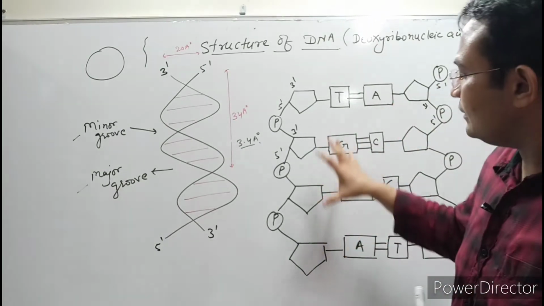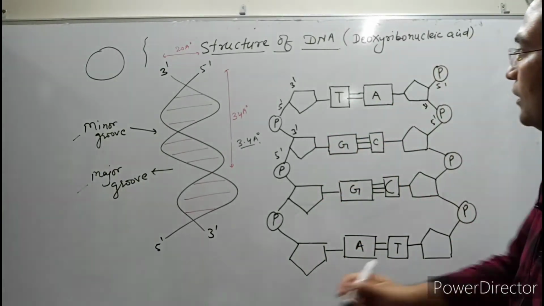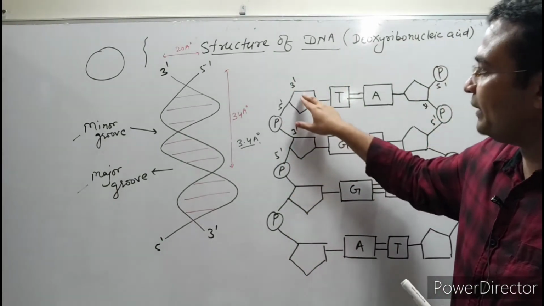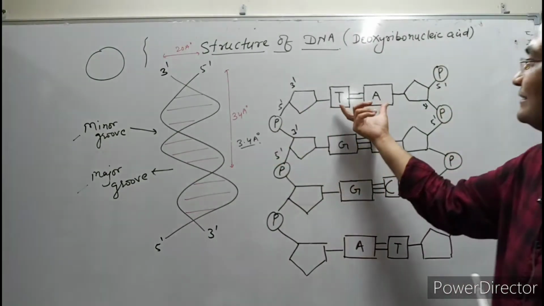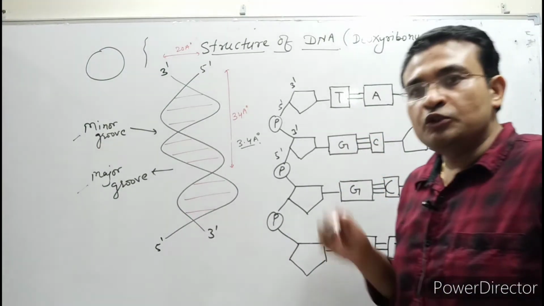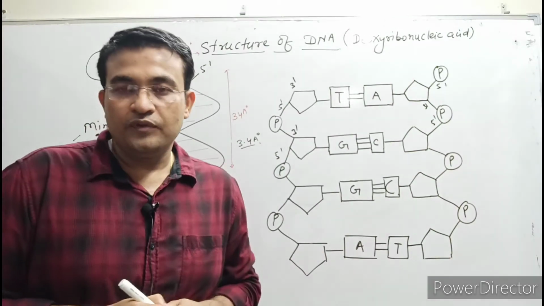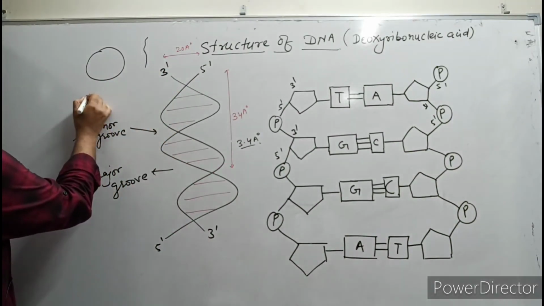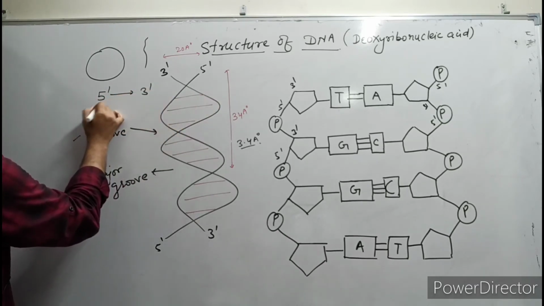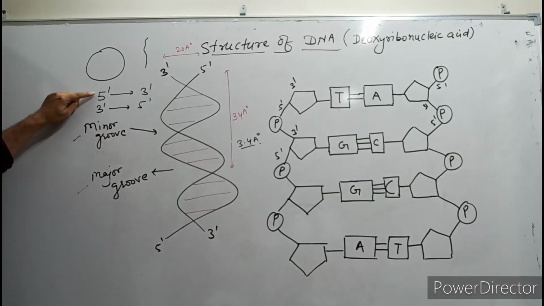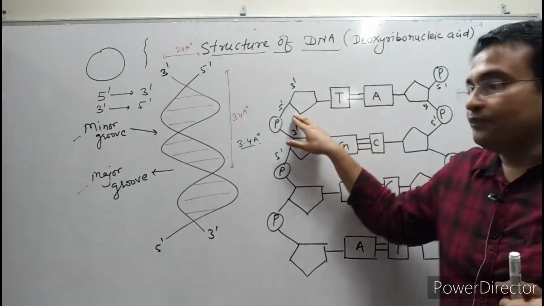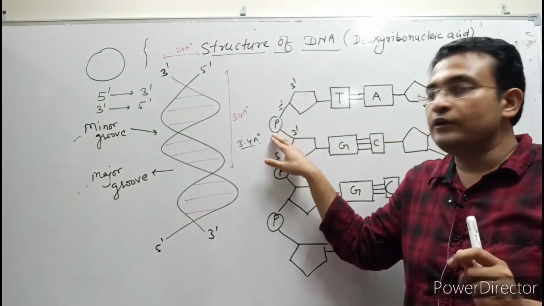So let's see the molecular structure of DNA. In this structure, the outer, or you can say the backbone, is made up of pentose sugar and phosphorus group, and the inner steps are made up of nitrogen bases. The two strands of DNA are anti-parallel in nature. It means if one strand runs 5 prime to 3 prime, the other strand runs from 3 prime to 5 prime, and the direction of this DNA strands depend on the carbon of pentose sugar on which the phosphate group is attached.